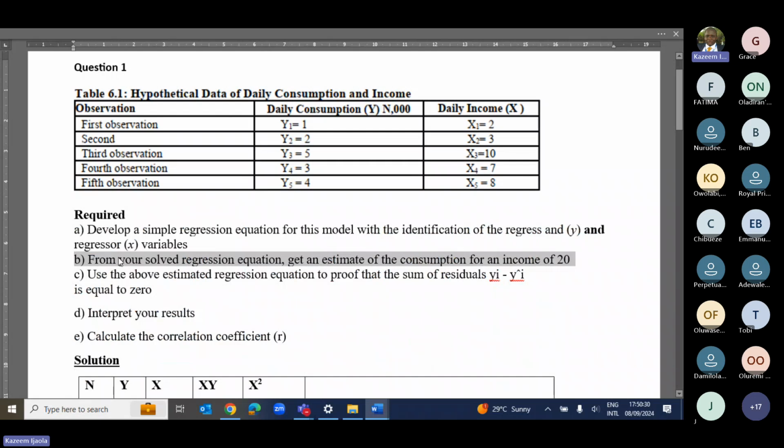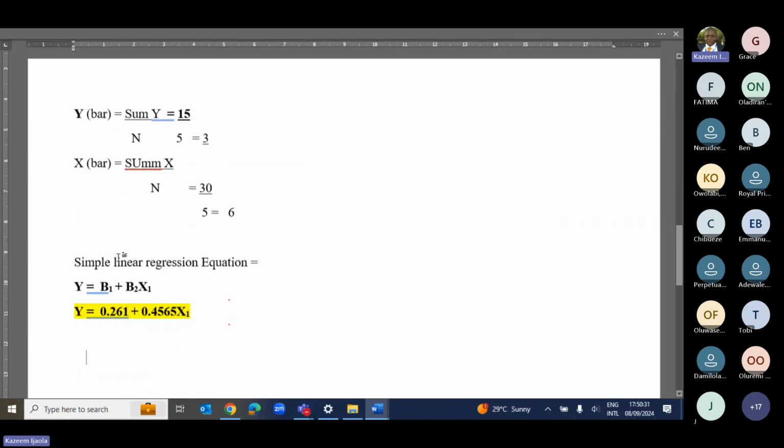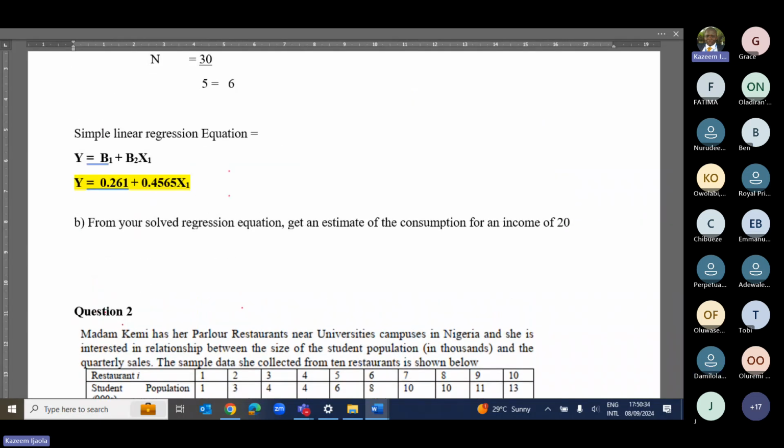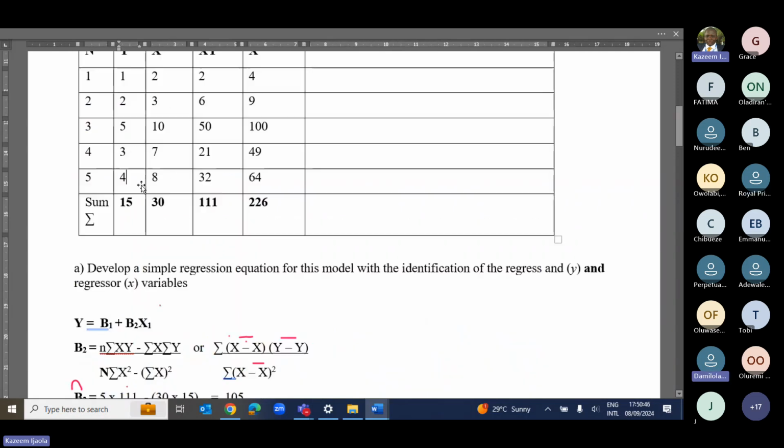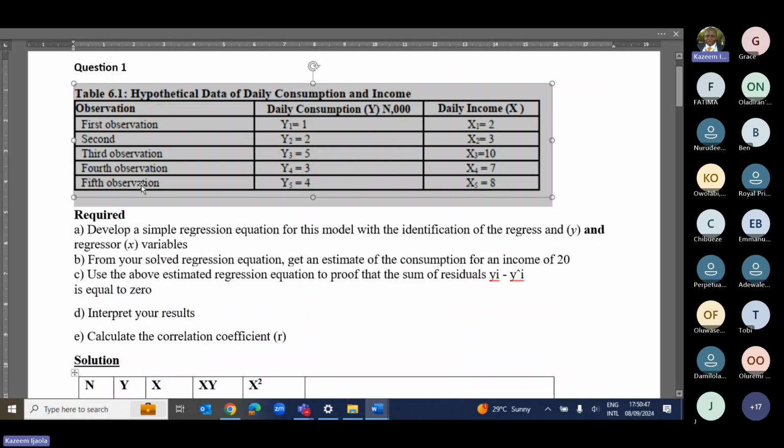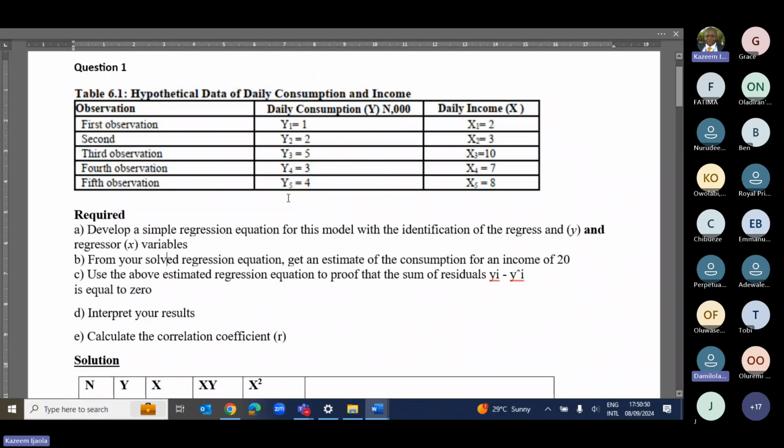From your solution above, get an estimate. Let me write it down. So this is the second part. From your solved regression equation, get an estimate of the consumption at an income of 20. So if x1 is 20, see what the professor did here. He makes our income independent and our consumption dependent.